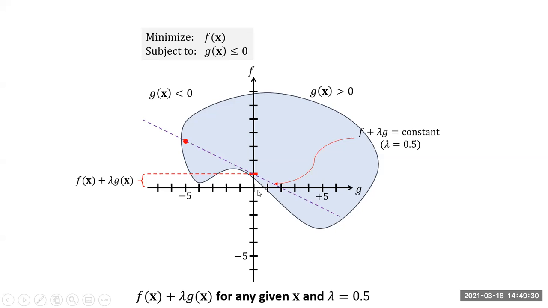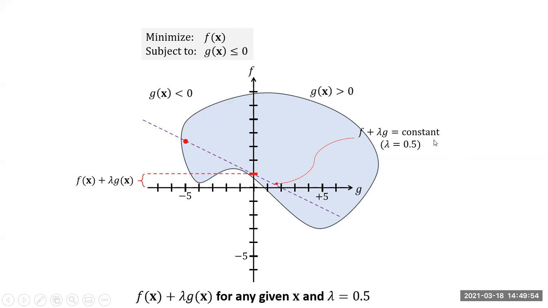What's g? At this point, g is 0 and f is 1, right? So where this straight line intersects the f-axis, that gives you the value of the constant. Do you agree?